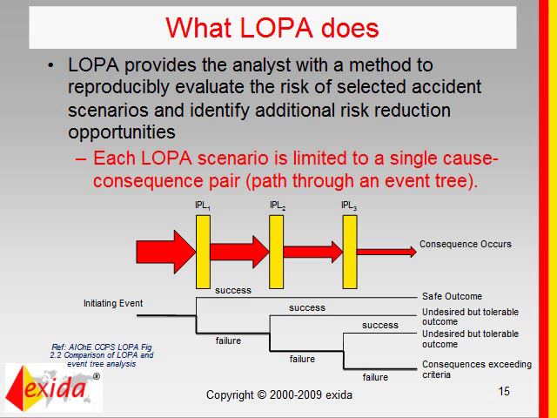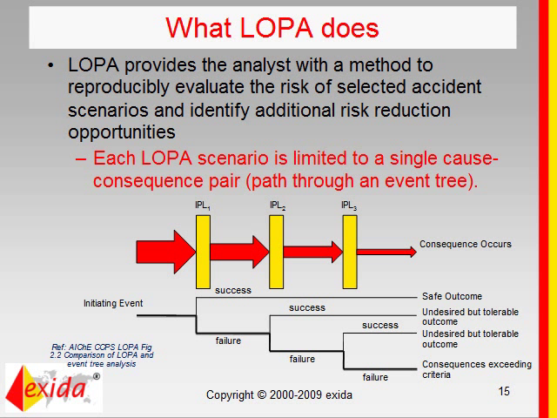And also from an event-tree type diagram, we start out, and this is the diagram at the bottom, we start out with an initiating event. The initiating event goes to the first protection layer. If that first protection layer is successful, then we have a safe outcome. If the first protection layer fails, then we go on to the next protection layer.